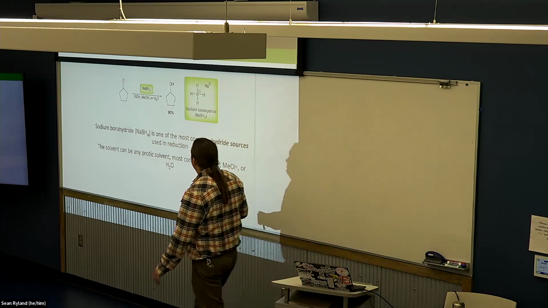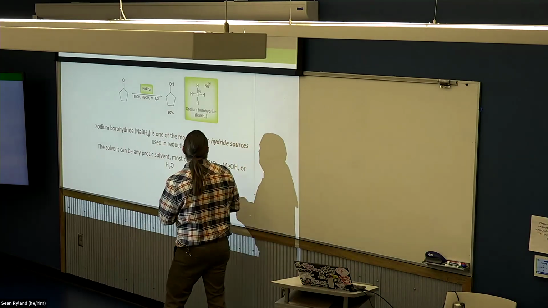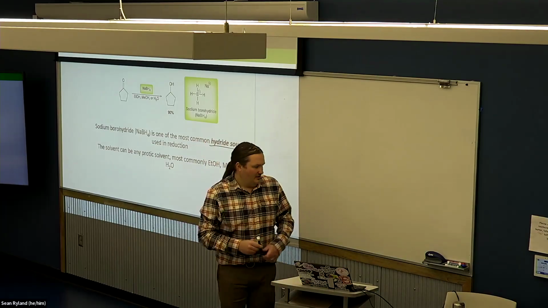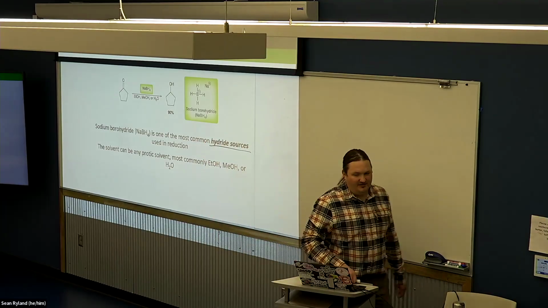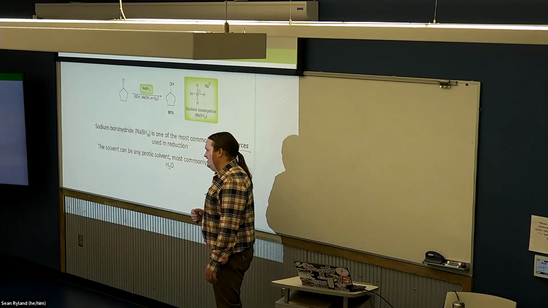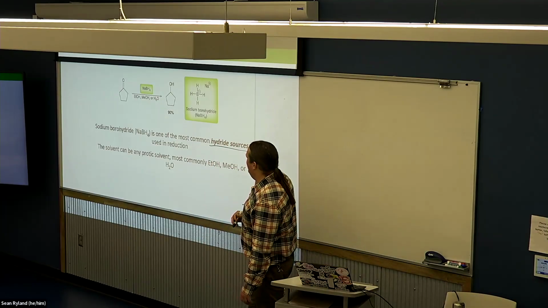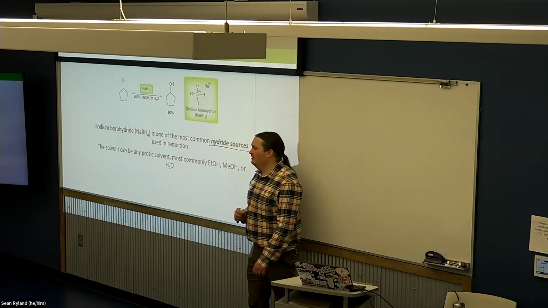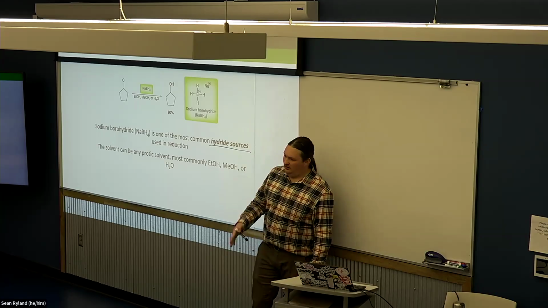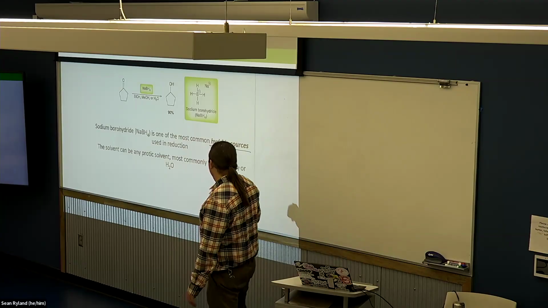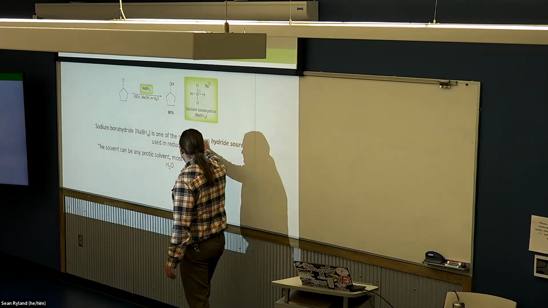And so our go-to reducing agents are going to be hydride sources. Instead of starting with hydrogen at an oxidation state of 0, if we can start with hydrogen in an oxidation state of -1, that makes it a better nucleophile. Saying it starts at a -1?